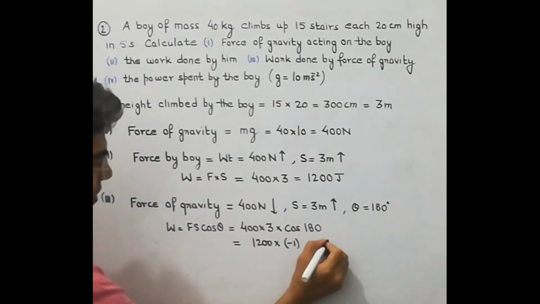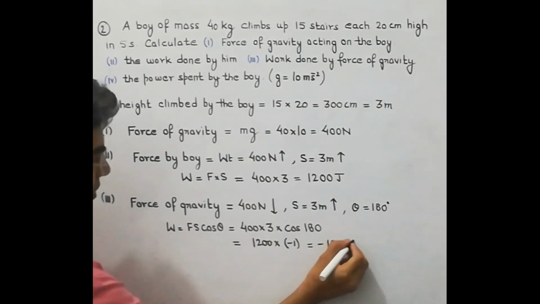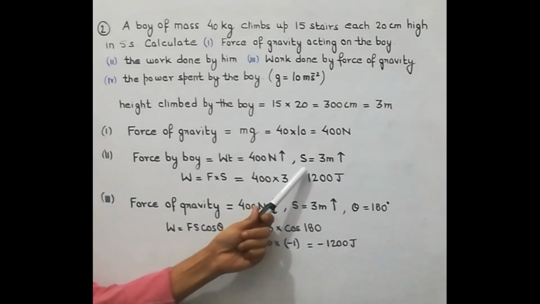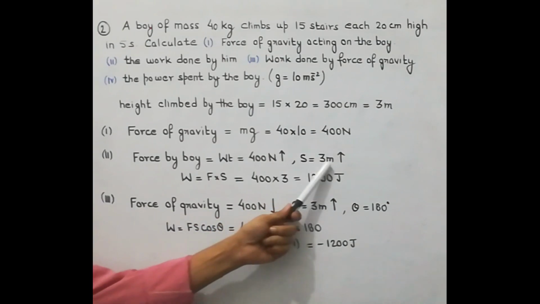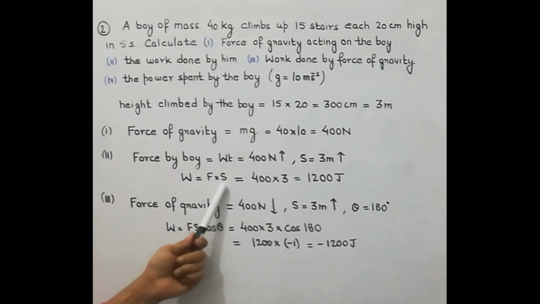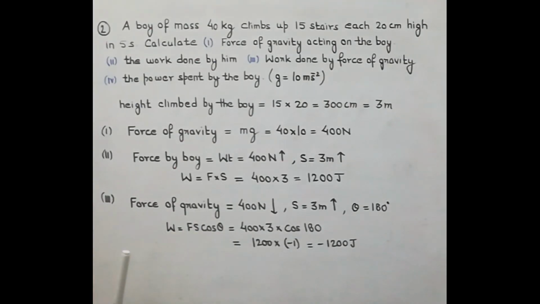So it's minus 1200 joule. Now you can see in the second part, the boy was moving in the upward direction, so the force applied by the boy will be in upward direction and displacement is also in the upward direction. So the angle between them is 0. So we can use the formula F into S because cos 0 will be 1.